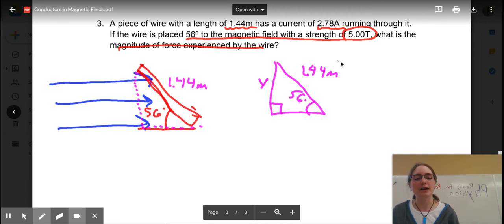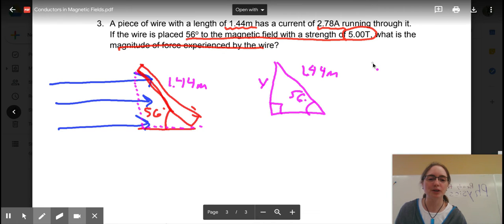I'm going to use sine because I have the side opposite my angle and I have the hypotenuse. So 1.44 sine of 56 is going to equal the value of my Y.